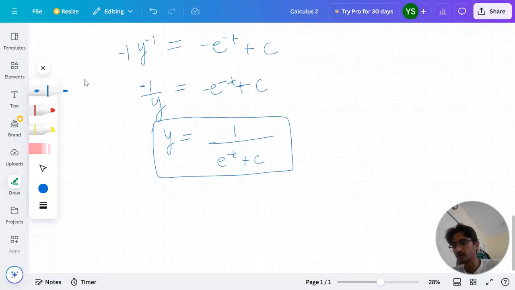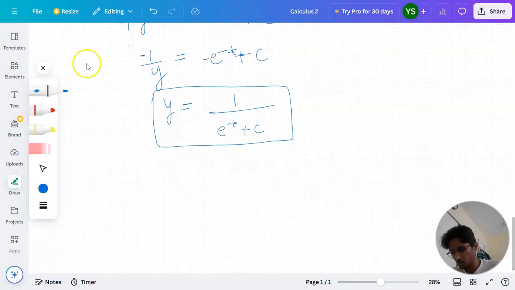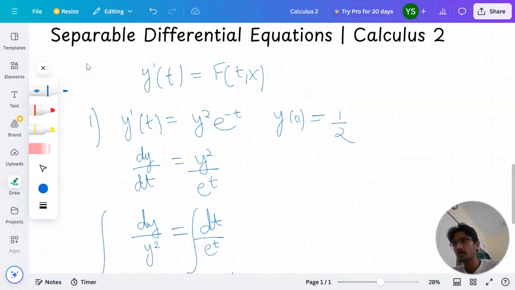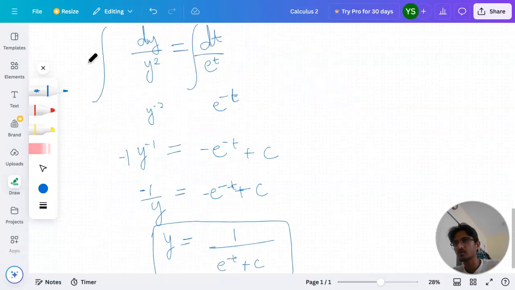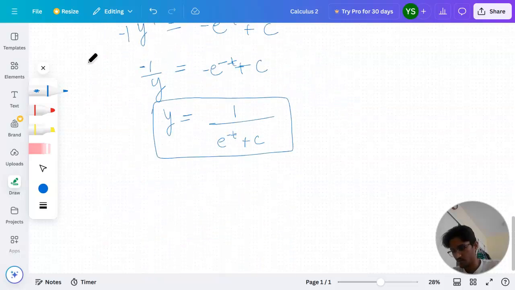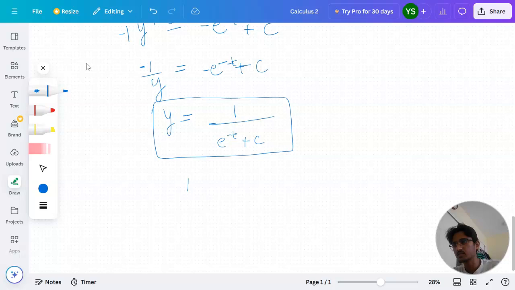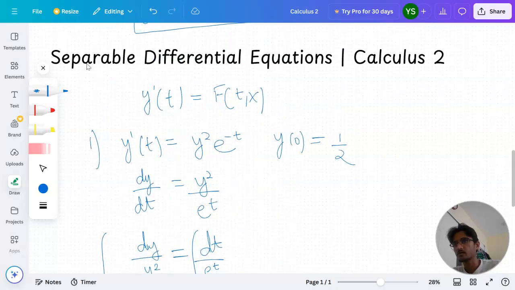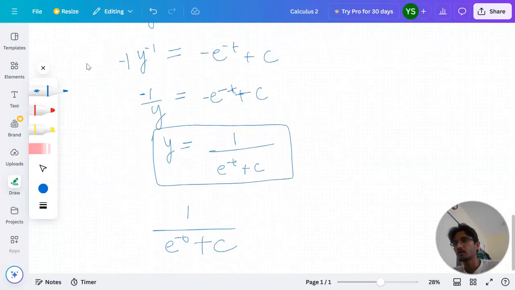Now we've got to find our particular solution. How do we do that? We look at y of 0, which is given as half. We plug in 0 for t, so e to the 0 plus c, and set the function equal to half.